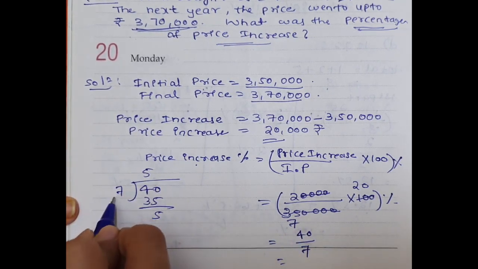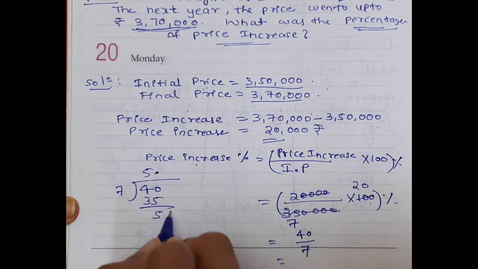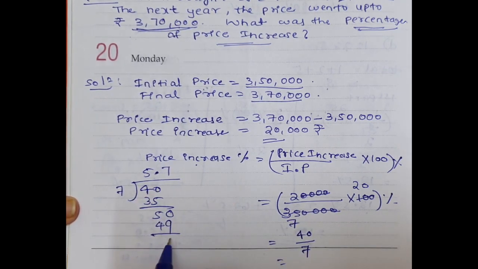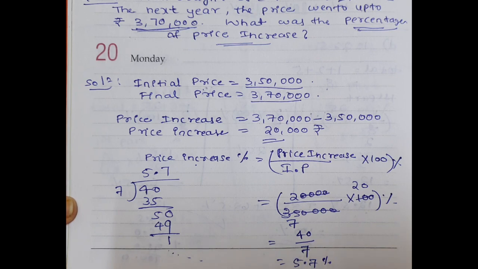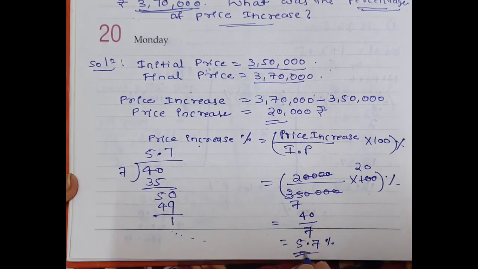Remainder is 5. 5 is less than 7, so let me put a point here and a 0 here. 7 sevens are 49. 1 is the remainder. This is going to be continued. So let me write 5.7% as the answer. The answer is around 5.7%.